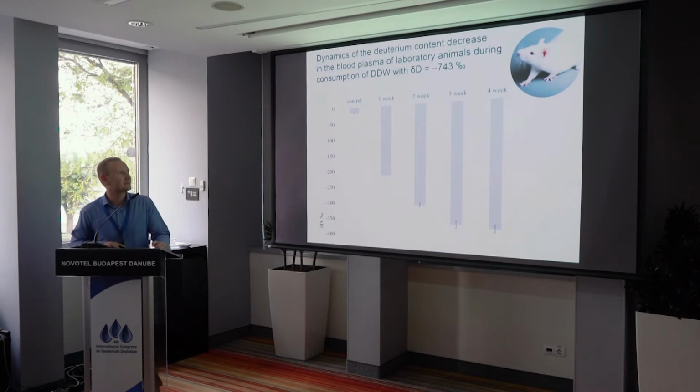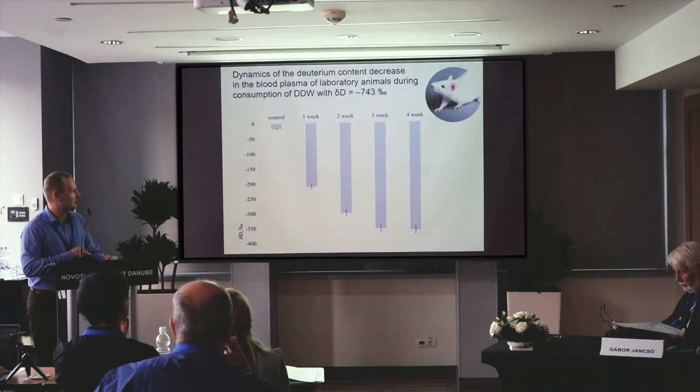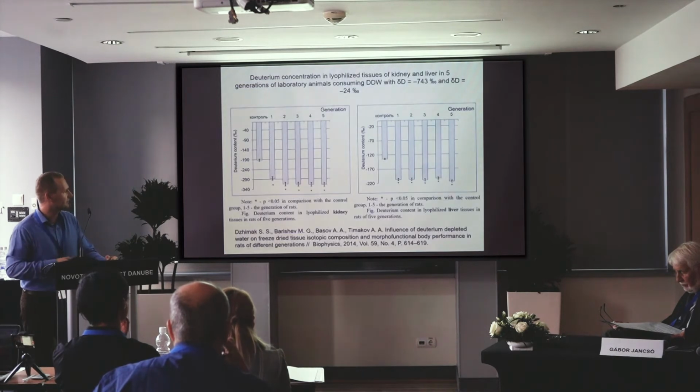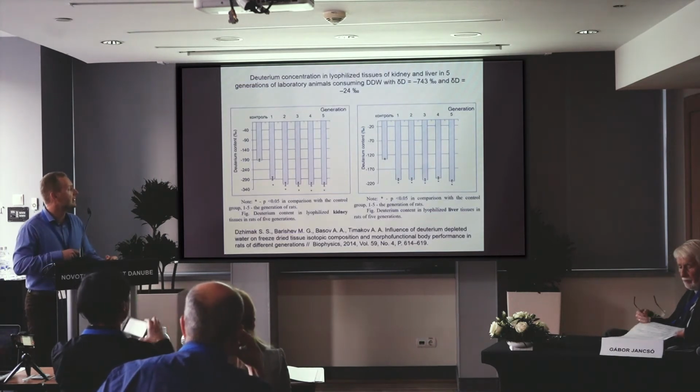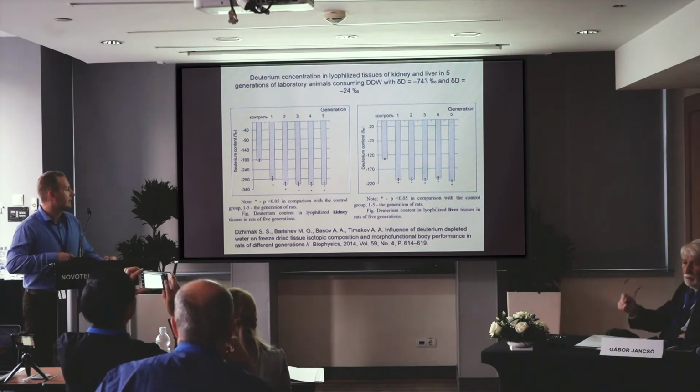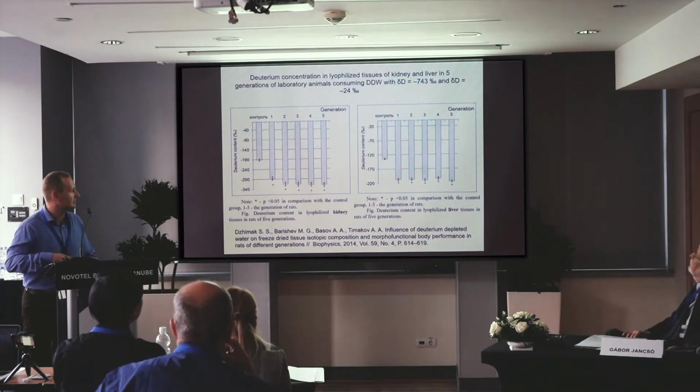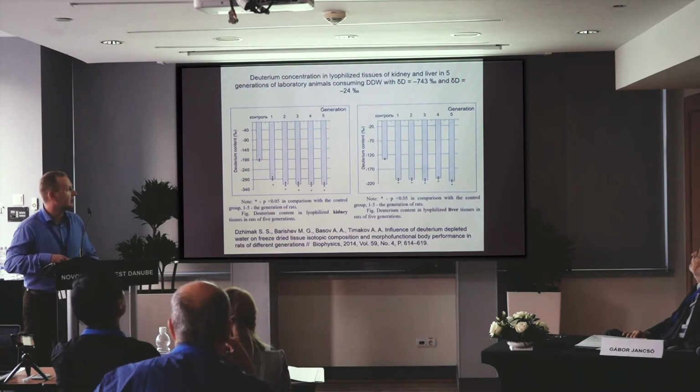This slide presents the deuterium decrease in regular Wistar rats consuming water with deuterium content like this. I think many people did such experiments, but here I want to show slides with deuterium content in kidney and liver over 5 generations.